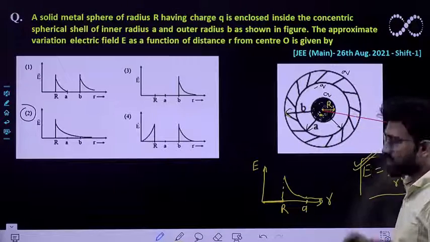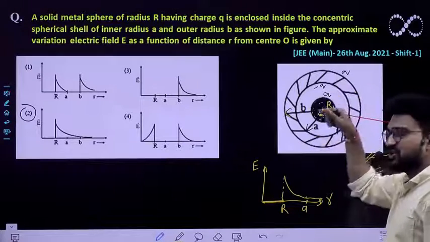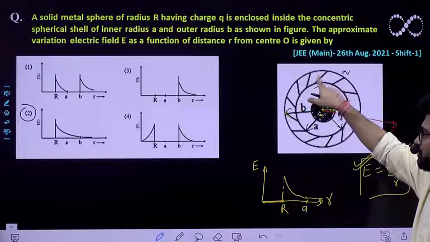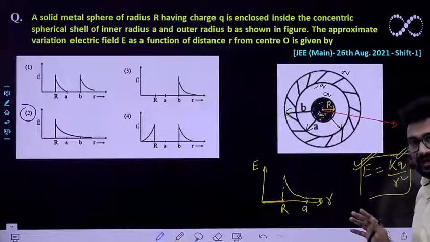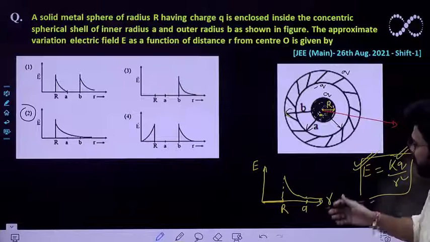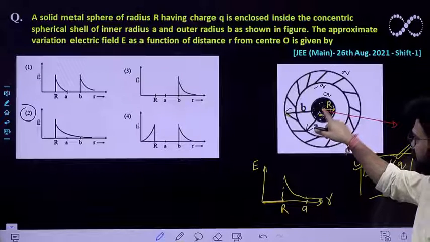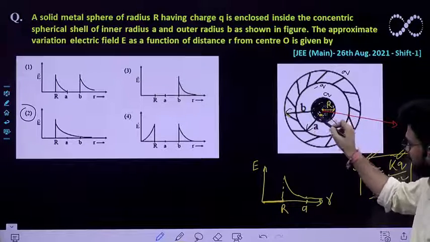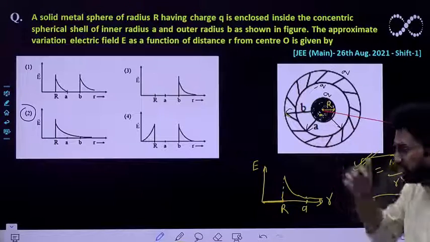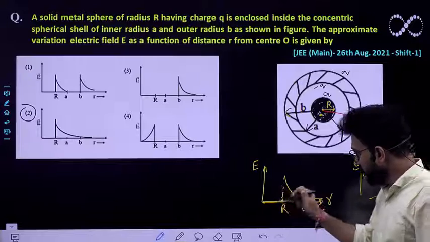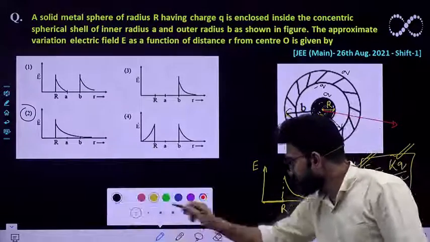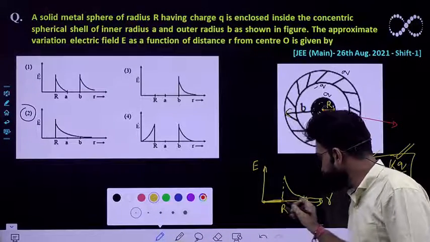So the net charge on the shell is 0. Again, if you are moving inside the metallic sphere, the electric field would be 0, so this graph has to be just like this.